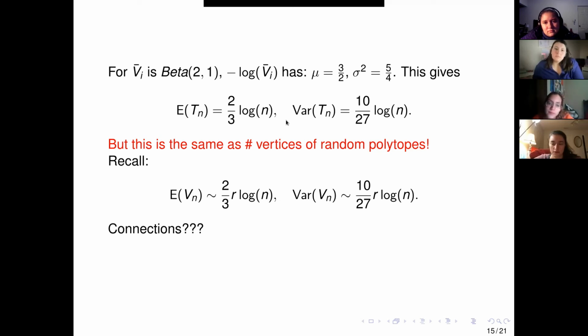Before, with random polytopes, I got the expected number of vertices of my random polytope as 2/3 times r times log n, and the variance is 10/27 times r log n. That's too good to be a pure coincidence. So there must be some way to directly use random partitions to prove things about random polytopes.